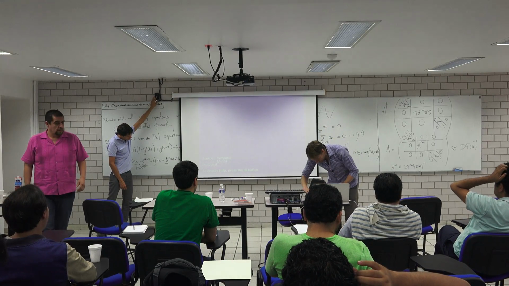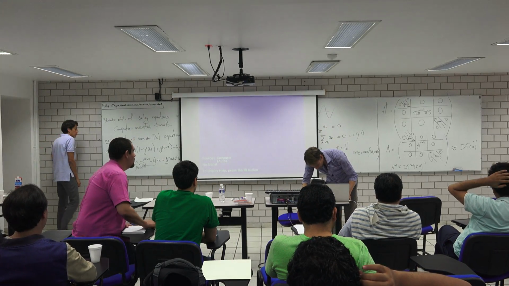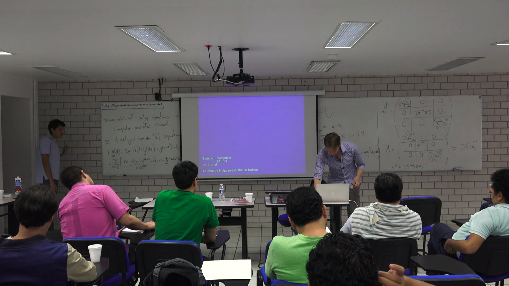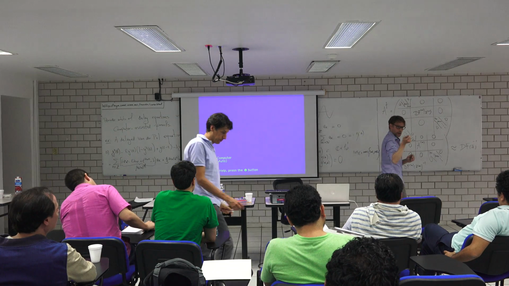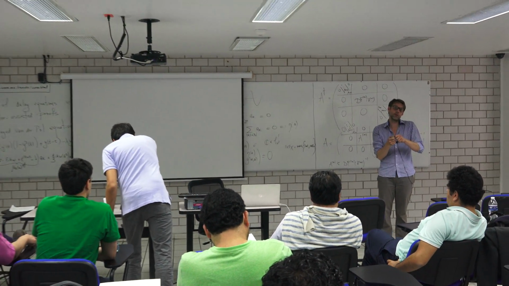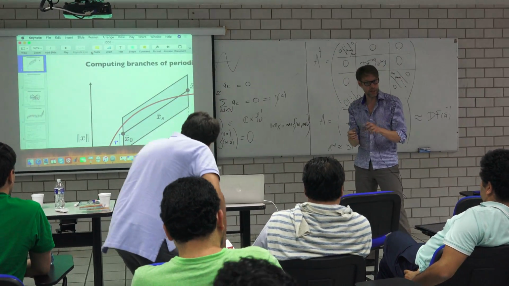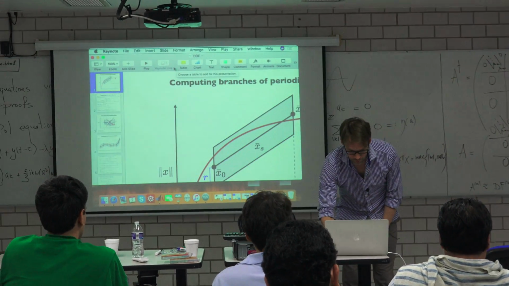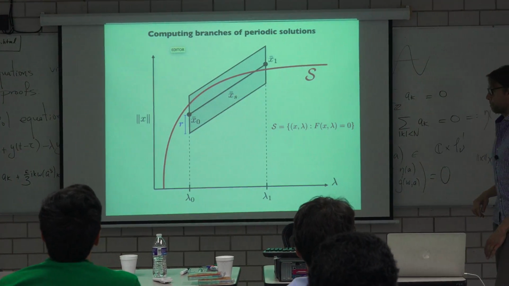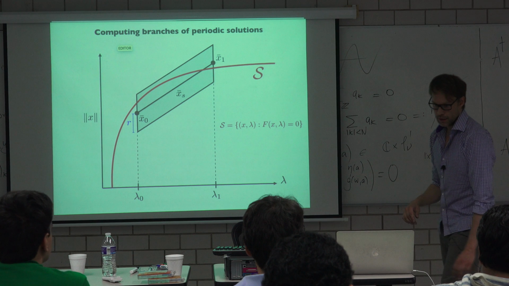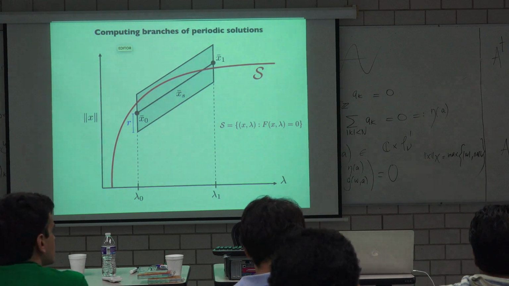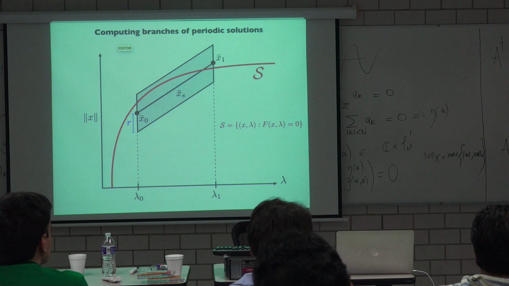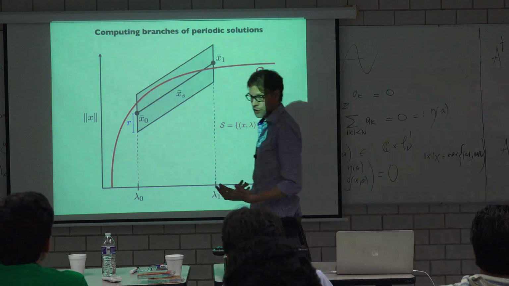We didn't really talk about this, and I will now mention that briefly. It's how to continue solutions. So given a solution at the parameter value, how can you continue that solution and get branches of solutions for problems? So now I'm stepping out of delay differential equations, and I'm really going back to the level of generality that Jay talked about in the first talk of yesterday.